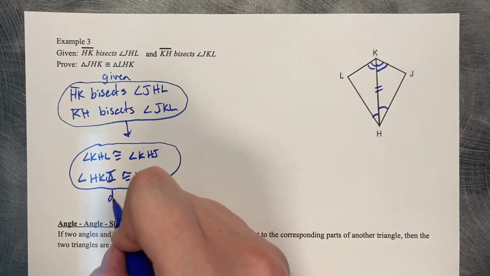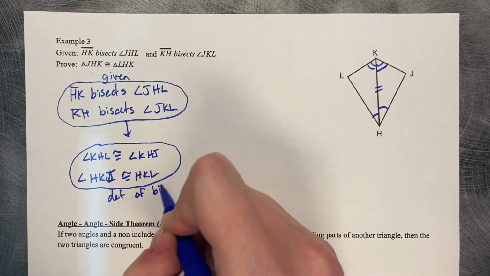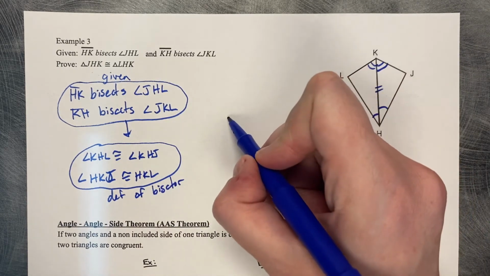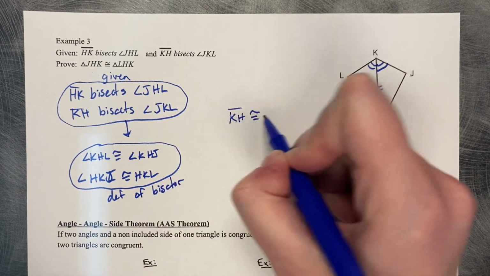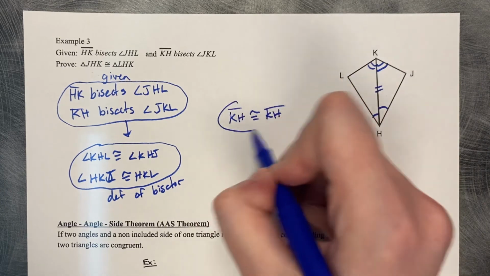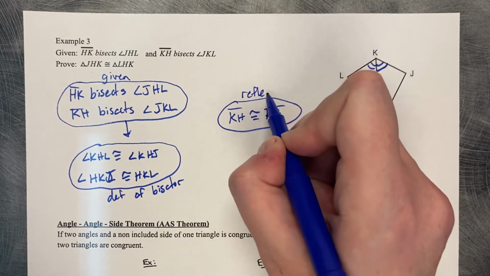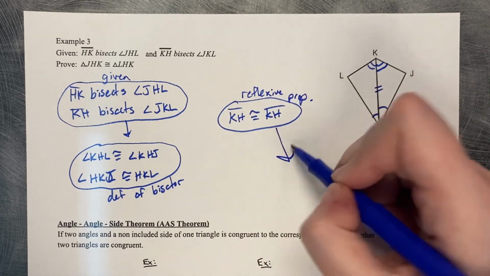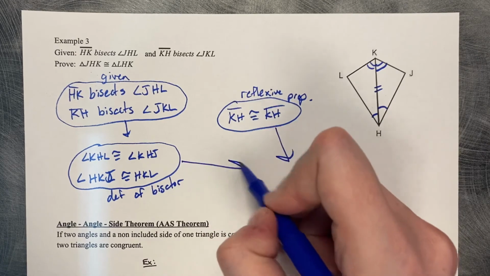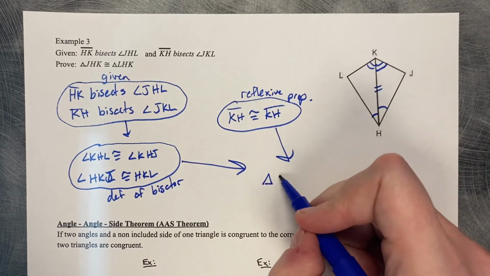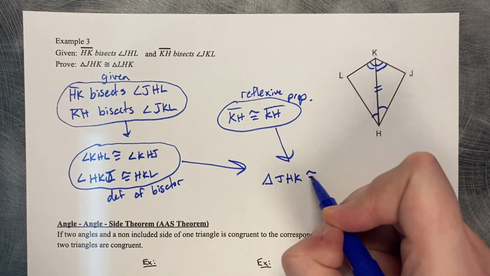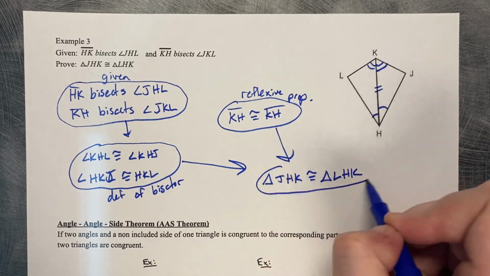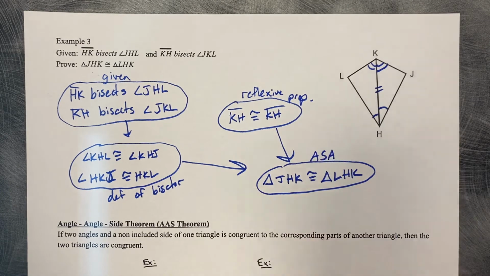Those are by the definition of a bisector. Then we've got our shared side length, our reflexive properties. So KH is congruent to KH by the reflexive property. And then we bring it all together. Two angles and a side. So then triangle JHK is congruent to triangle LHK by angle, side, angle.